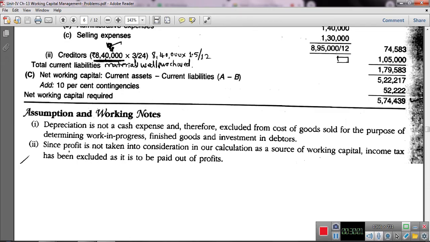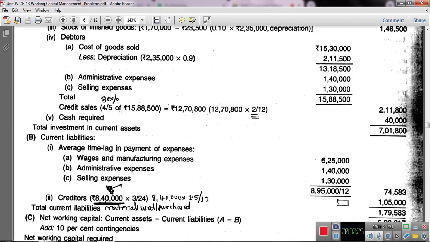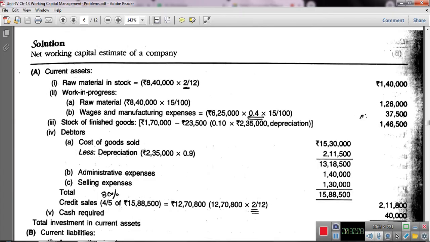So for finished goods, I have just removed that 10% depreciation on the unsold stock. 1,70,000 minus 23,500 is equal to 1,46,500, the amount required to invest in stock of finished goods. In the same way we have to exclude depreciation in the estimation of debtors as well. Just now I read out the assumption. So the fourth current asset is the debtors.